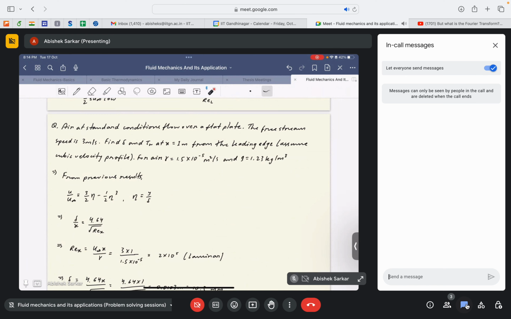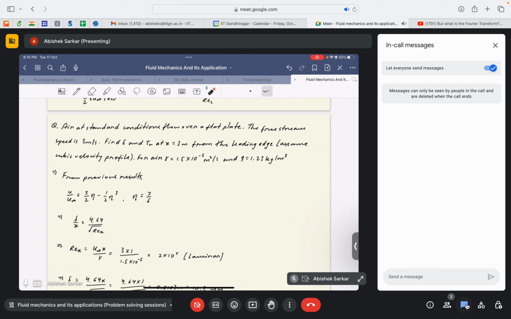In this theory, all the solutions are assumed to start from the leading edge of the flat plate or any geometry that is given. That's why I had such an in-depth discussion of the solution methodology when we have some arbitrary starting point for our evaluation. So I hope it was clear. It says find delta and tau at x equal to 1 meter from the leading edge of the flat plate, assuming a cubic velocity profile.